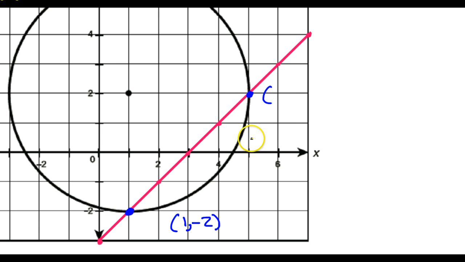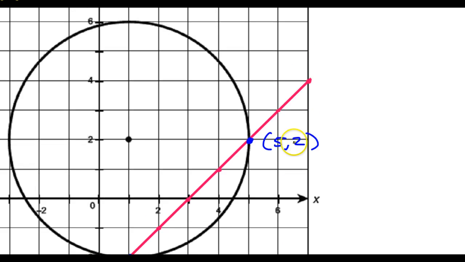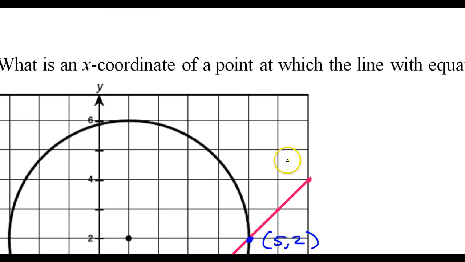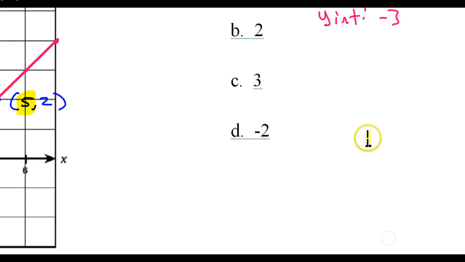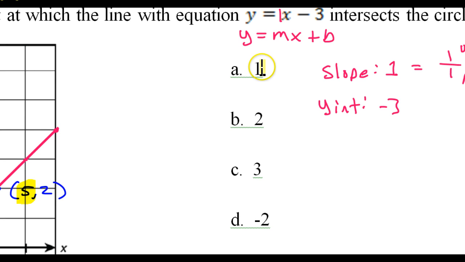Another solution is the point 5 comma positive 2. So these are the 2 solutions. Now for whatever reason they just asked us for an x-coordinate. So the 2 x-coordinates of course are 5 and 1. So that's what we're looking for, I guess. So I see the 1 right here, so that's going to be the answer to this very specific question.